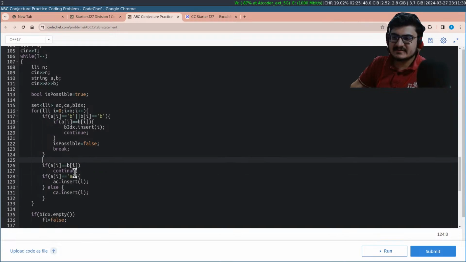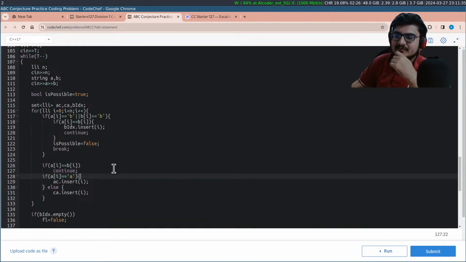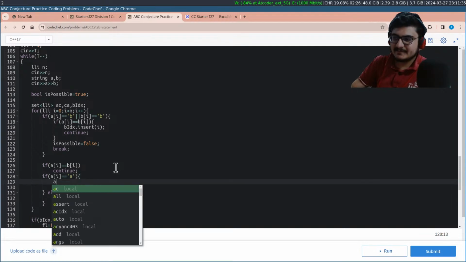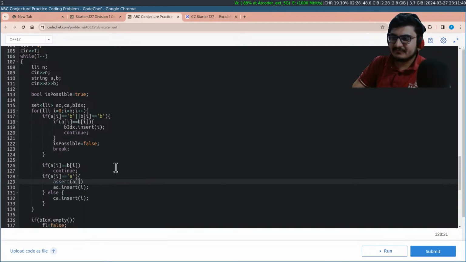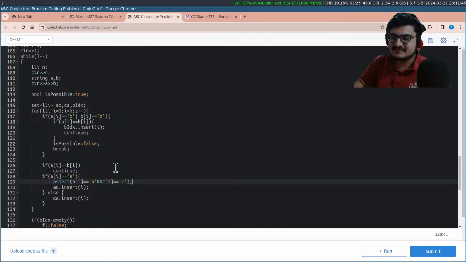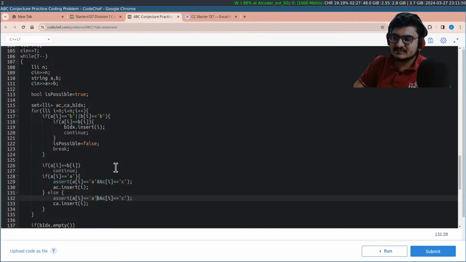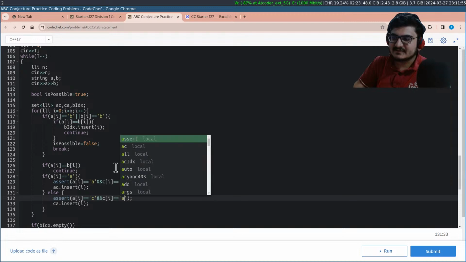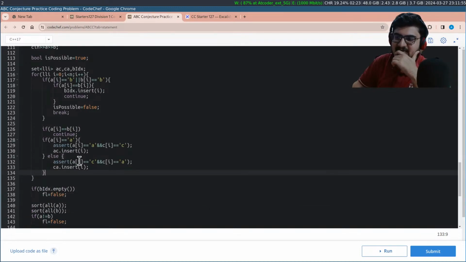If none of the numbers are B, then if AI and BI are equal, I ignore this index. Then this is the case when AI is equal to A, then CI must be equal to C over here. So I put it in the set which I'm maintaining for all the AC pairs. And the other case is when AI is C and the other number is A, I put it in the vector with pair CA.